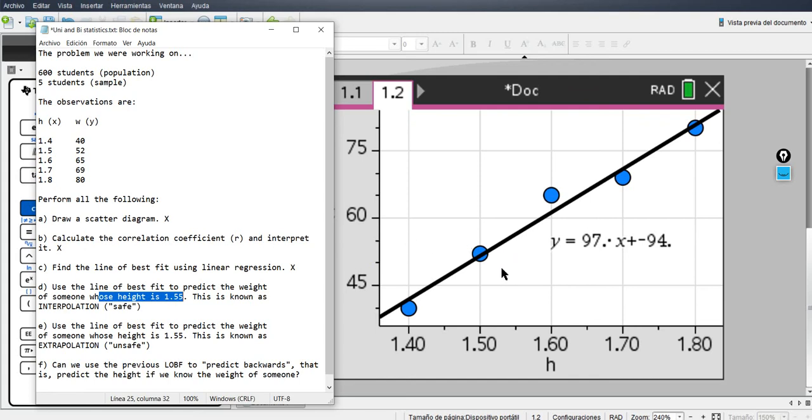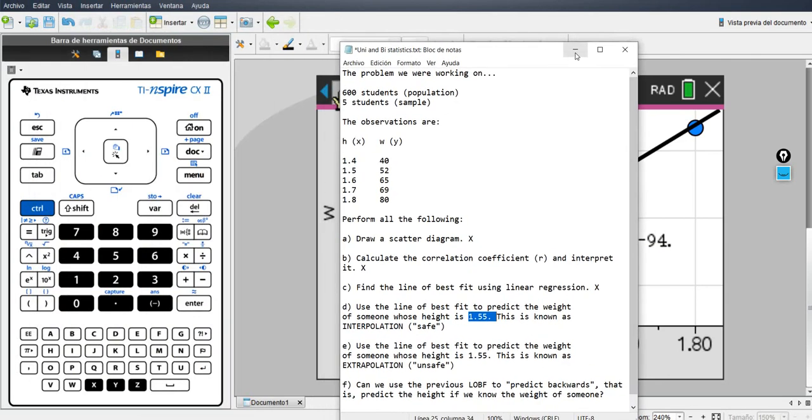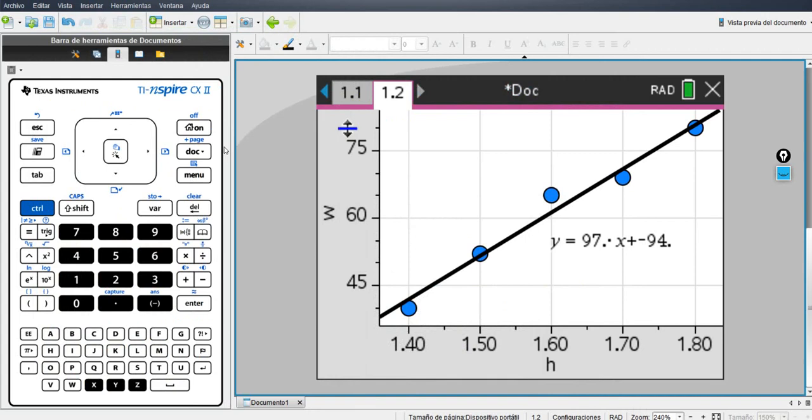So how do we use the line to predict such weight? All you need to do is introduce the height, which is the x, 1.55, in here. So you're going to be multiplying 97 times 1.55 minus 94, and you're going to get the respective weight as a prediction. Let's do that in the calculator itself.